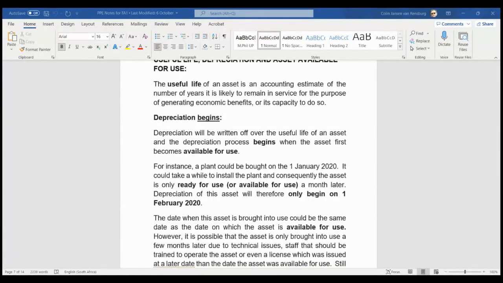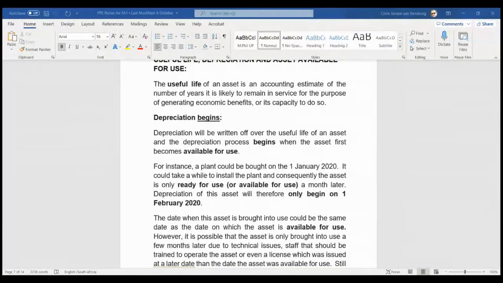So, ladies and gentlemen, what they actually mean by when an item is available for use is the date when you stop capitalizing any further costs and you can actually start using the asset as you, as a business, intend to use it.